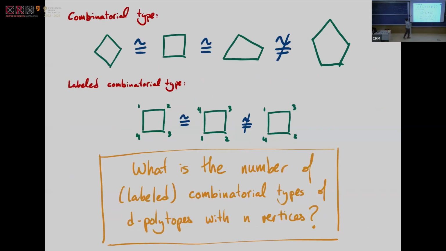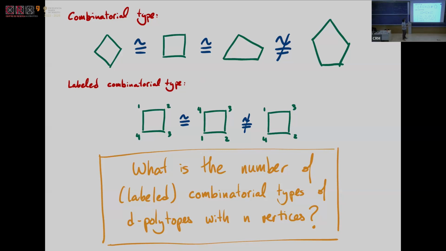So I already mentioned this, okay? We will want to count up to some equivalence relation, and this equivalence relation will be the combinatorial type. So we want to say that two polytopes are equivalent if they have the same face lattice. Well, in the plane, which is where I can do the pictures, this is not extremely interesting. There are only polygons.